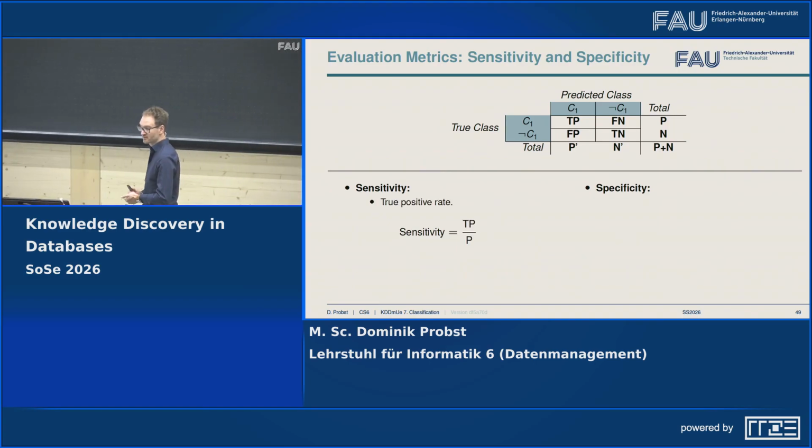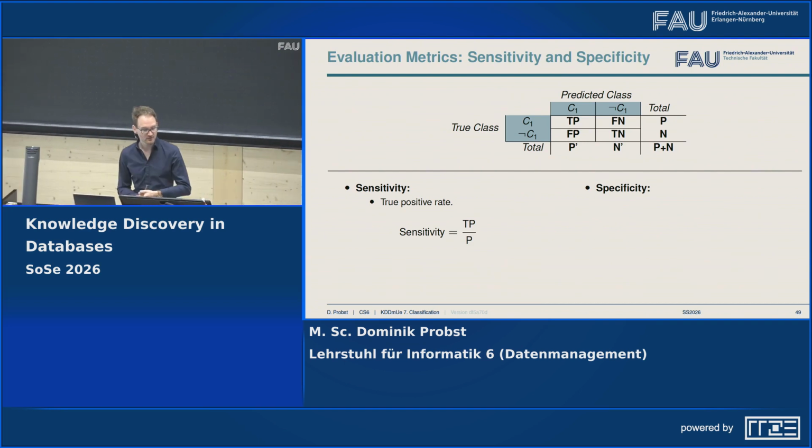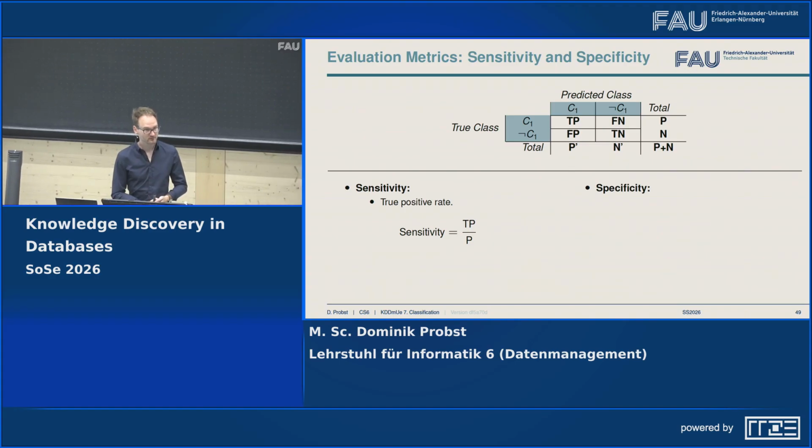Sensitivity is the true positive rate. How often are you predicting a true positive out of the total true class positives? So you are dividing how many of the really true positive outcomes you're predicting correctly. Why might that be important?